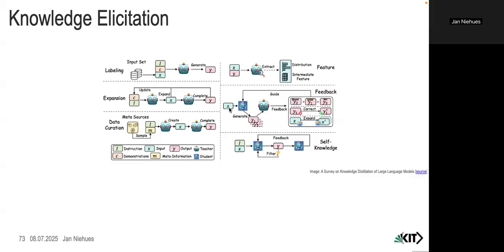And what is maybe interesting is that you not only give labels, a lot of it is also used to give some type of feedback. So you put in your input, you generate several outputs with your student, and then the teacher model gives some type of feedback on how good they are, and you can use that again for training. A similar one is filtering. You're not generating many, but you're selecting some, and there you do self-distillation.